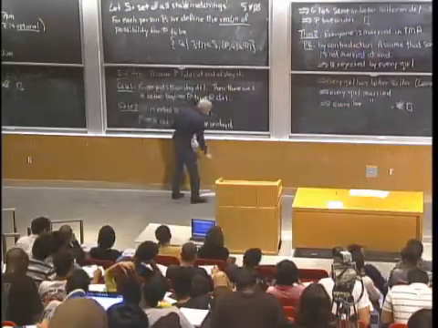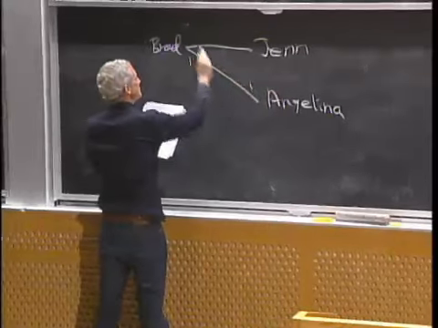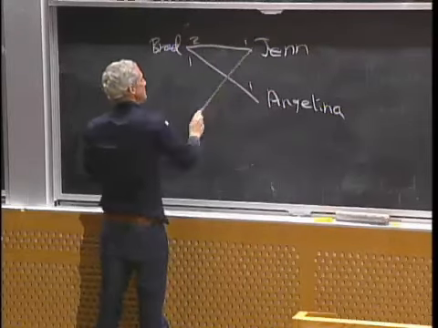Let's do an example with 4 people. All right, so for example, say we have Brad, Jen, and Angelina again. And of course, Brad likes Angelina and vice versa. Jen likes Brad. And then there's Billy Bob here.